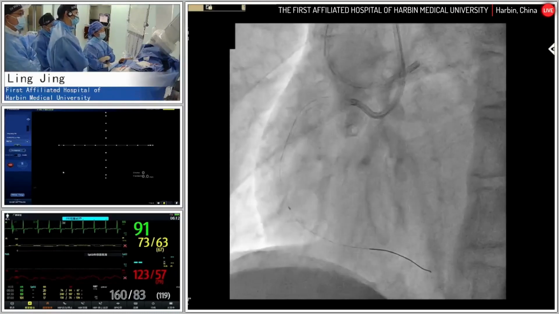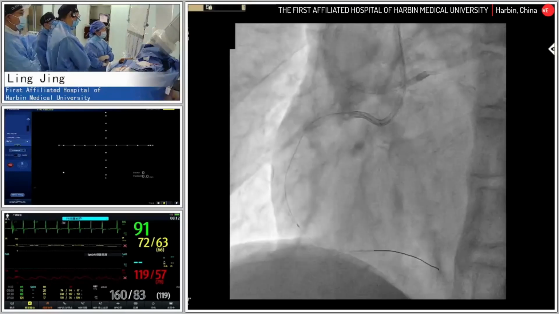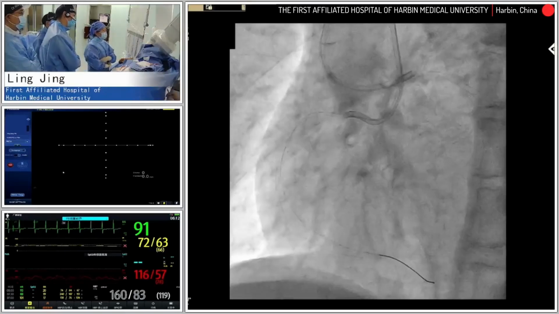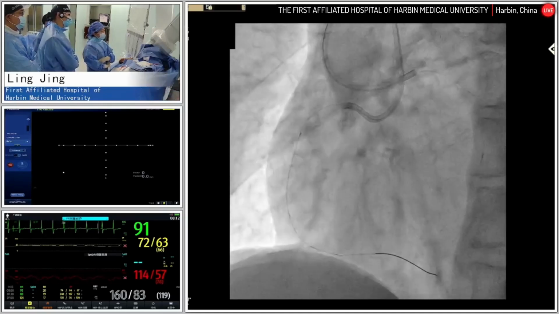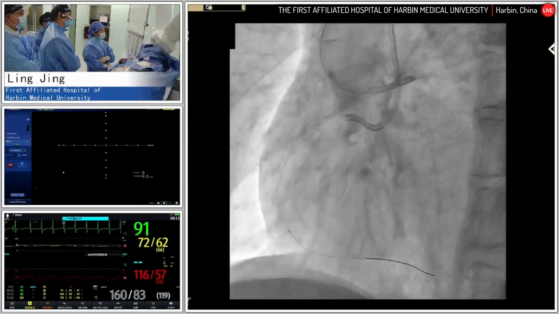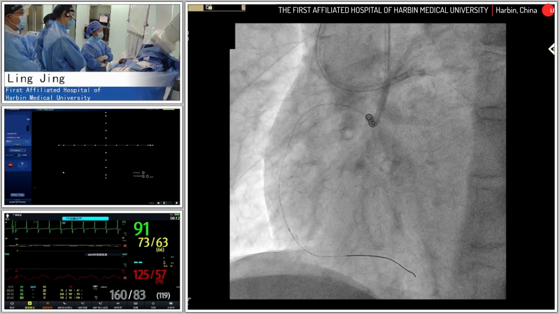So you just mentioned that you use a 1.0 balloon, right? It seems that you met some resistance at the mid distal part of the RCA, and from angiography and CTA, there is some calcification. So how did you perform this dilation using this small balloon? It seems that the 1.0 balloon doesn't work, right?